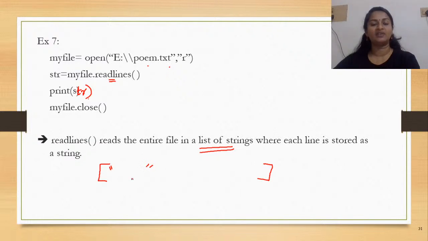So you would have single or double quotes, and all the lines would be separated by commas. Each value is nothing but a string. When the string is considered, even the end of line character will also be included inside, because readlines reads the entire thing.